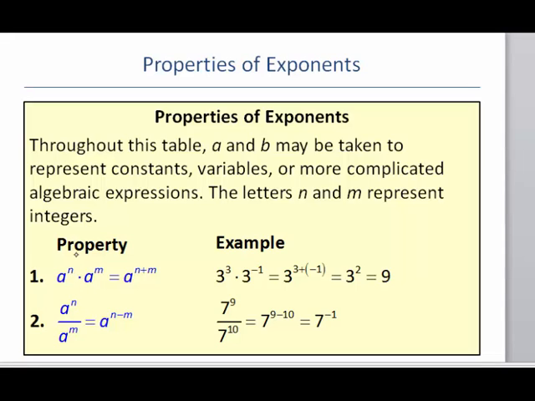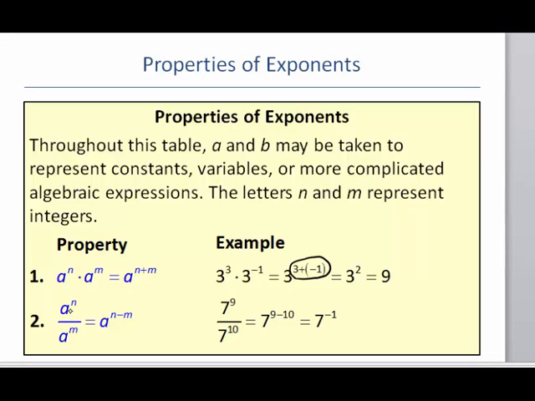Our rule says that if your bases are the same, you can add those exponents together. Like if we had 3 to the third times 3 to the negative 1, they both have a base of 3. So you can see here that we're adding those 2 exponents together. 3 plus negative 1 gives me a 2, and 3 squared is going to be equal to 9.